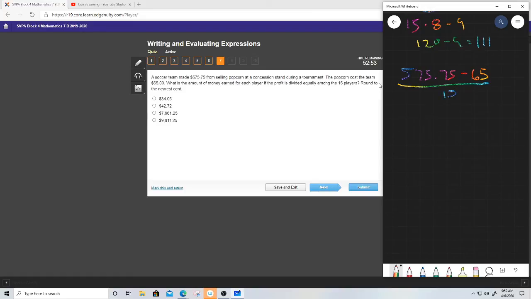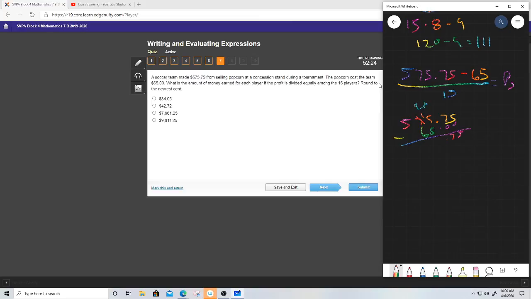Now, when there's an operation like subtract, you can't do that trick. I'm gonna go P sub S for player share. But we just need to follow our order of operations here. What is 575.75 minus 65? Make sure you line things up in the proper area. 510.